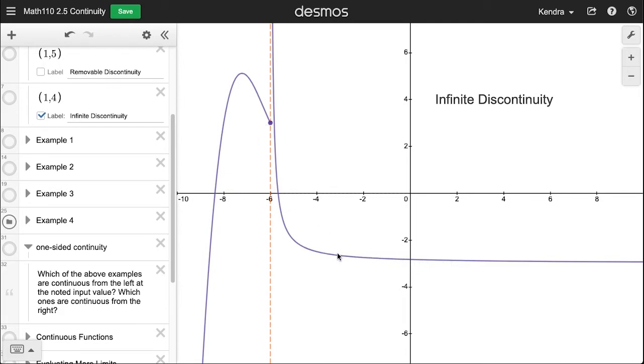As x approaches -6 from the right, it looks like the right-hand limit is positive infinity. And the actual value of the function is 3, so it looks like that output value is equal to the left-hand limit. So this function would be continuous from the left at x equals -6.